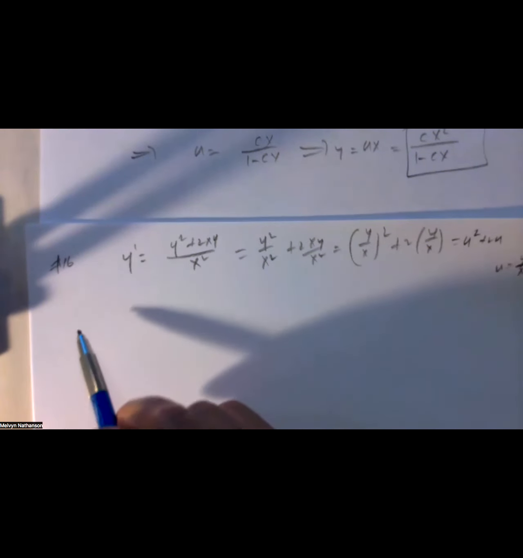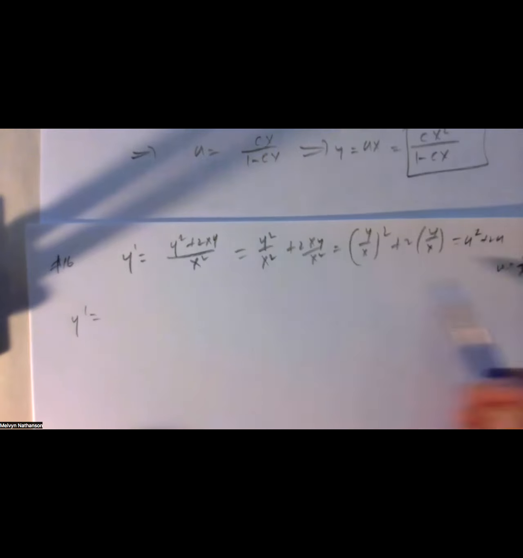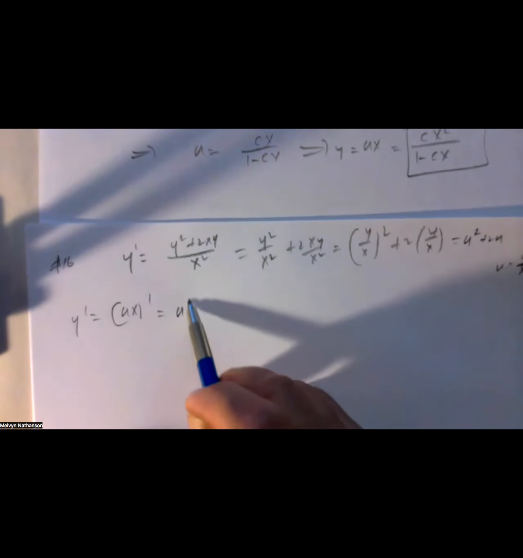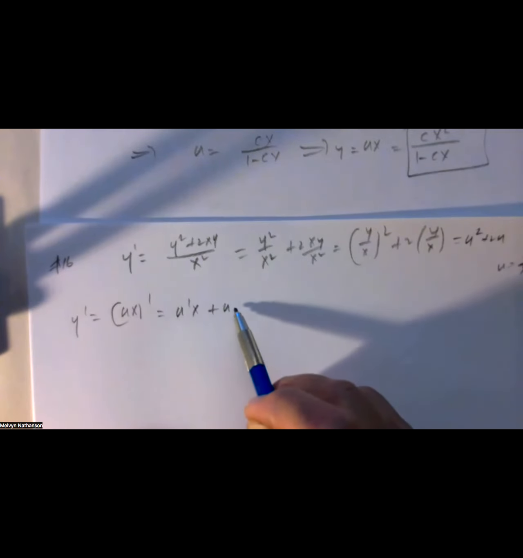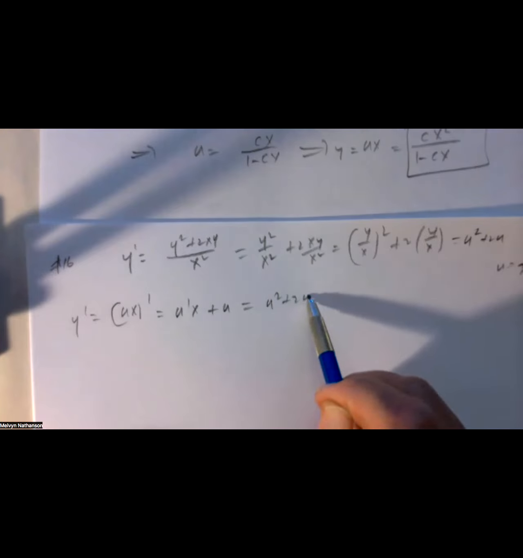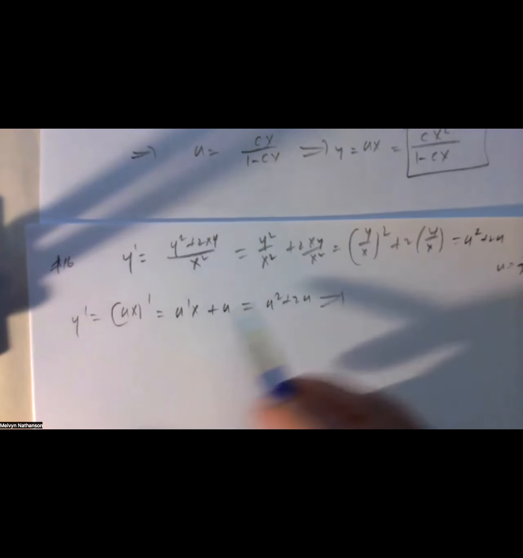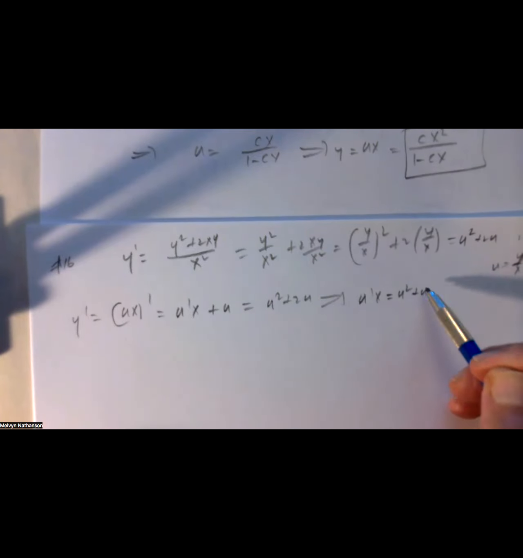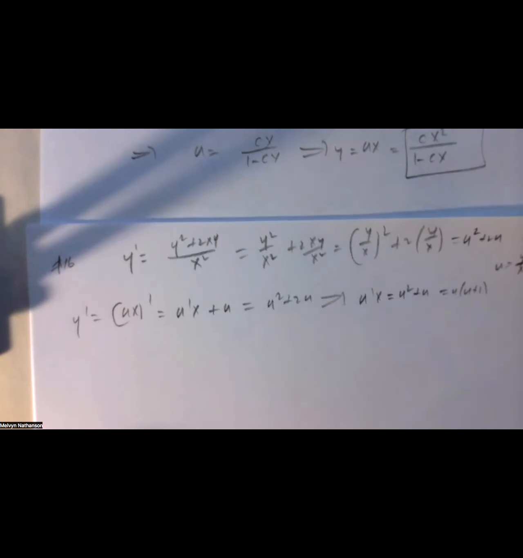And then y prime is u prime x plus u x prime, which is 1, equals u squared plus 2u. So u prime x equals u squared plus u, which is u times u plus 1.